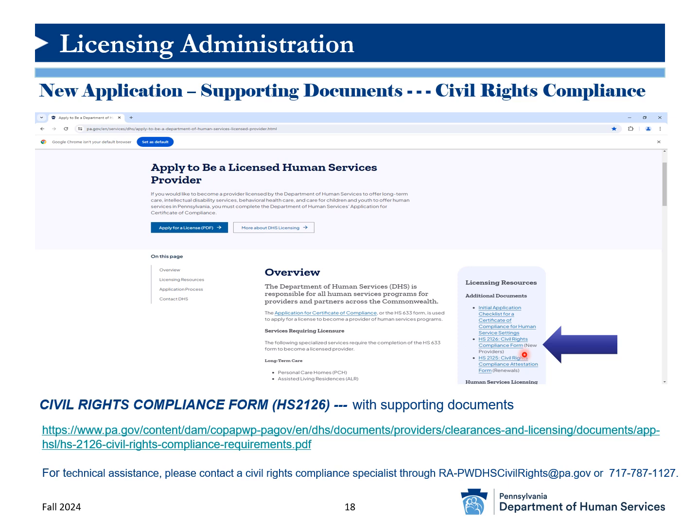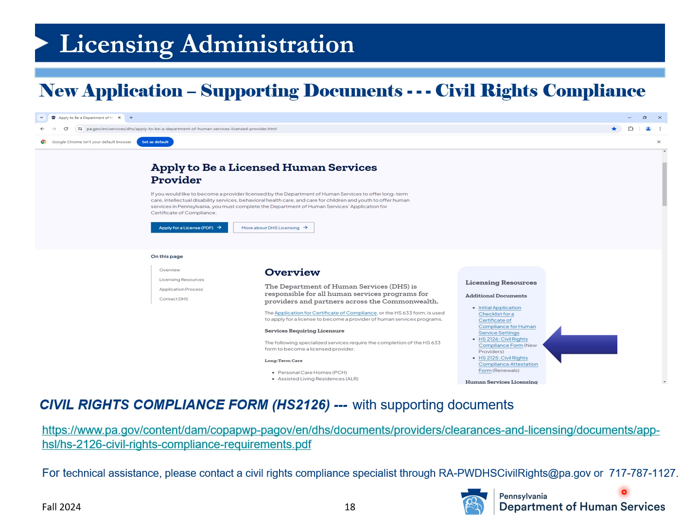Now, for technical assistance with your civil rights compliance, you have to contact a civil rights compliance specialist. Licensing administration is not the office to contact. The information to contact the Bureau of Equal Opportunity is listed here as their email address or telephone number.